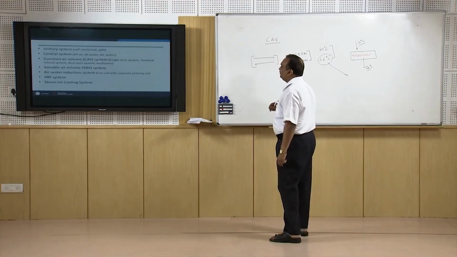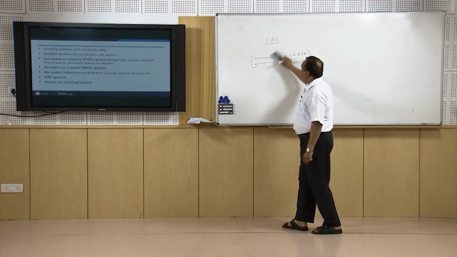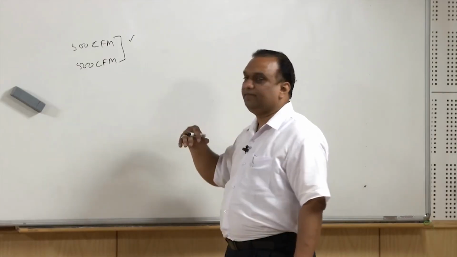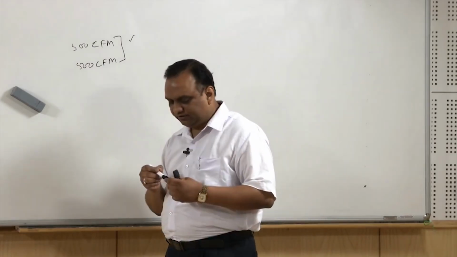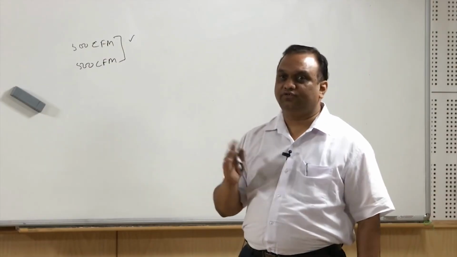Now the fourth is the variable air volume system, the VAV system. It is a sort of on-off type of system. You must have observed in a window AC or split AC that it does not run continuously. It switches on and switches off.